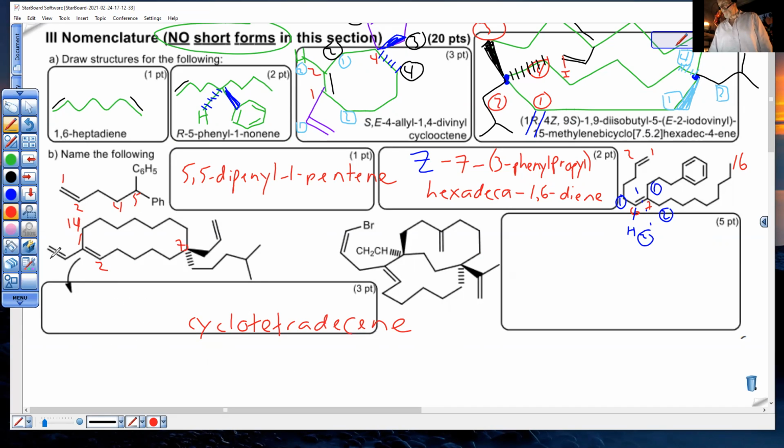It's got a vinyl group on 1. It's got an allyl group on, is that 7 or 8? It looks like a 7. 3, 4, 5, 6, 7, 7. Allyl and an iso. 1, 2, 3, 4, 5, 6. Isohexyl. So I got A for allyl, I for isohexyl, V for vinyl.